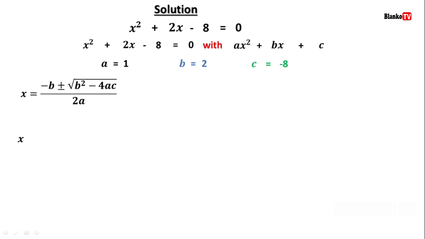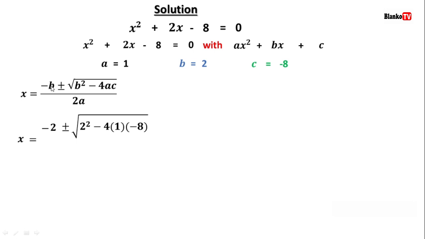Okay, so we have x equals minus 2 plus or minus the square root of 2 square minus 4 multiplying 1 multiplying negative 8. That is minus 2, because b is 2, and we have negative b.